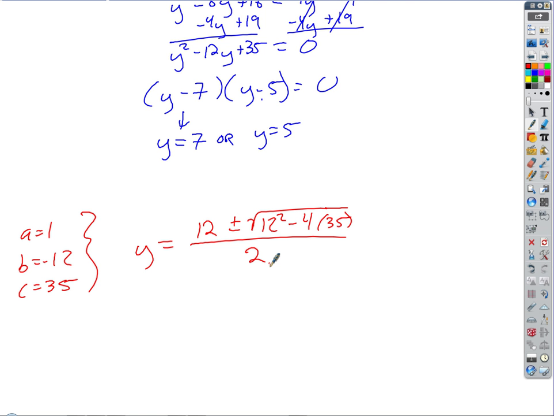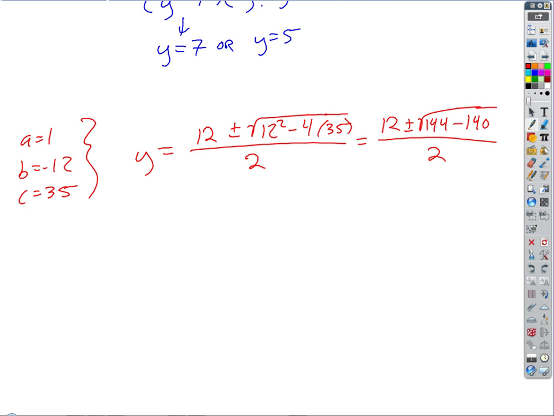And so what would that give us? We could use a calculator for this, probably. We'd get 12 plus or minus the square root of 144 minus 140, all divided by 2. And so we get y equals 12 plus or minus, 144 minus 140 is 4, the square root of 4 is 2, over 2.